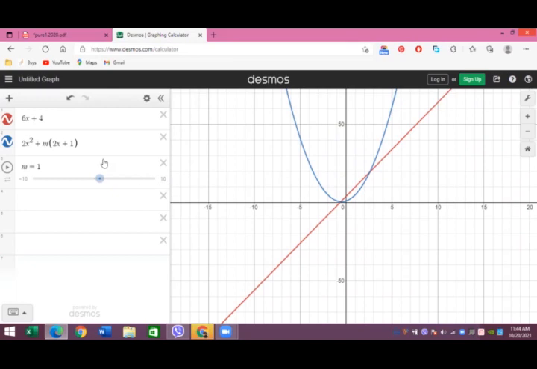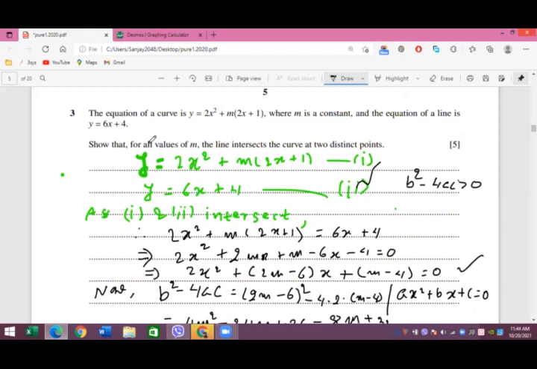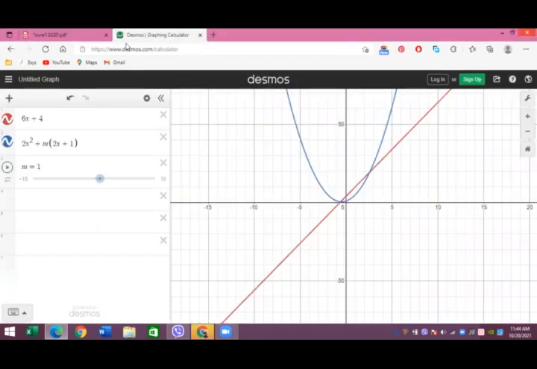Now this is for the value of m equals 1, but your question is asking you to show that for all the values of m the line intersects the curve at two distinct points. Then you have to test for some other values of m as well. So here in this graph for m, I am taking from negative 10 to positive 10.